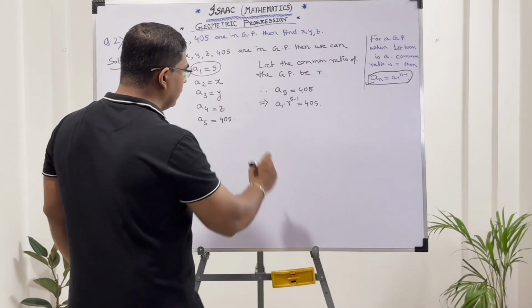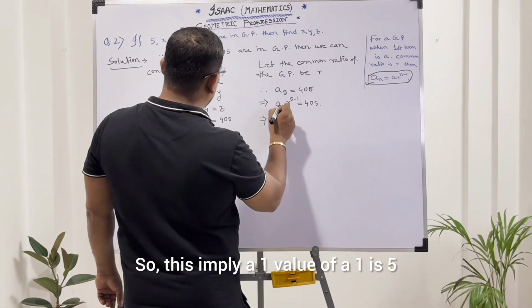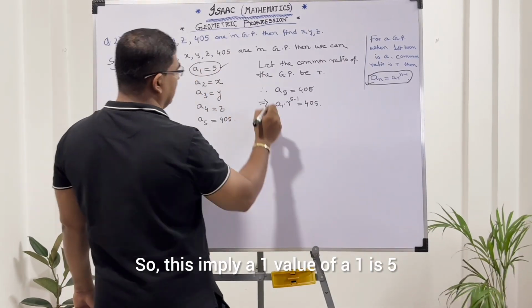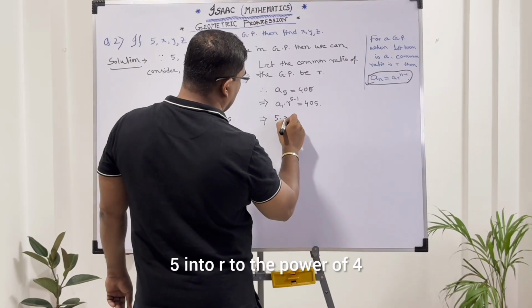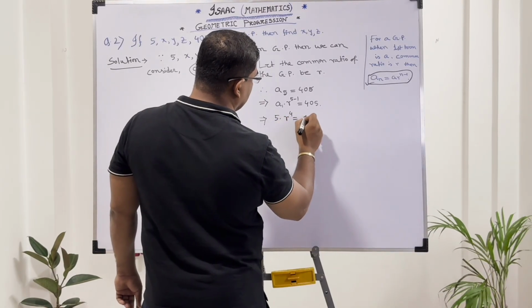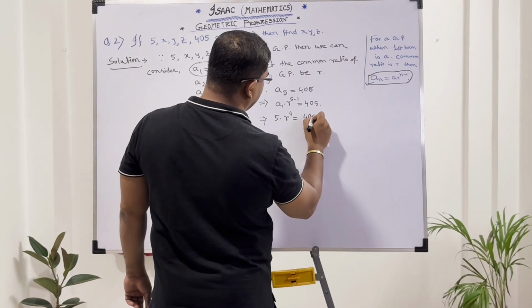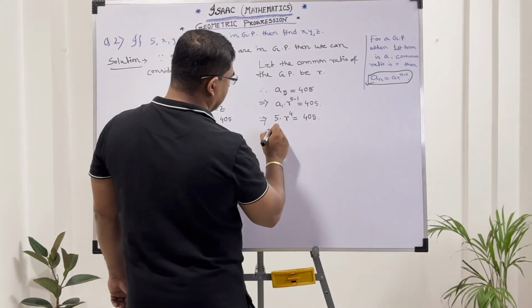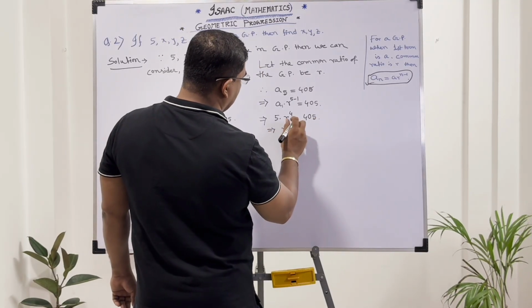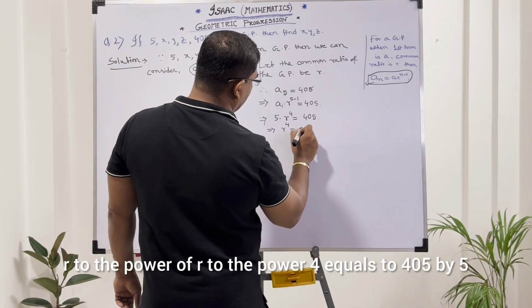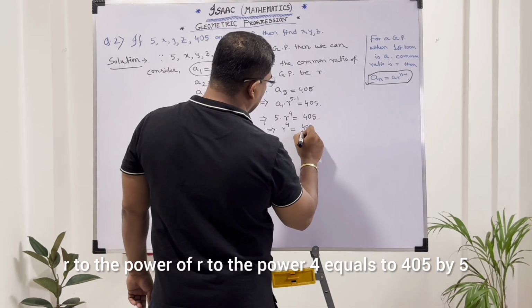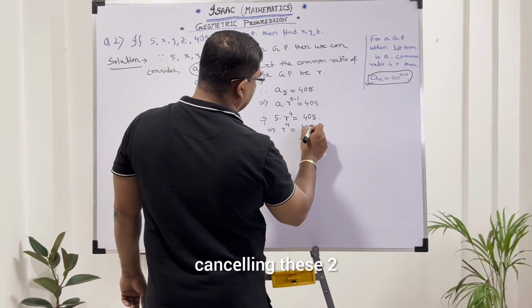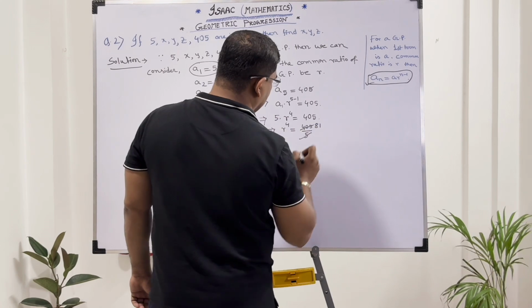Okay. So, this implies value of A1 is 5. 5 into R to the power of 4 equals to 405. This implies R to the power 4 equals to 405 by 5. Cancelling these two, we get 81.